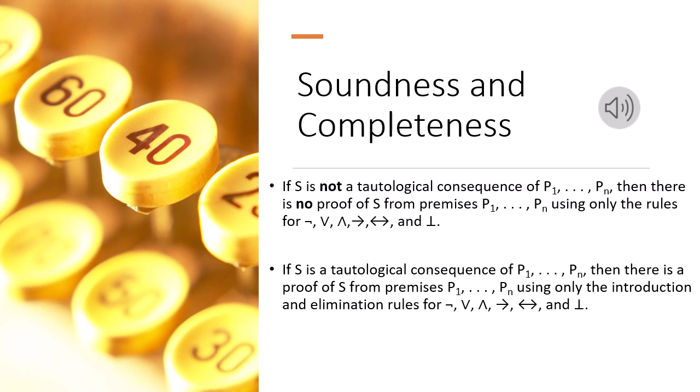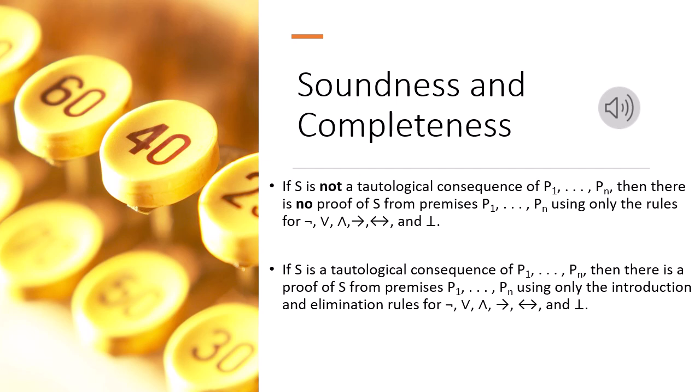If S turns out to not be a tautological consequence of P1 through Pn, in other words, there's somewhere in the joint truth table that makes P1 through Pn true and S false, then there will be no proof of that statement from those premises P1 through Pn that uses just the introduction and elimination rules for negation, disjunction, conjunction, the conditional, the biconditional, and the contradiction symbol.